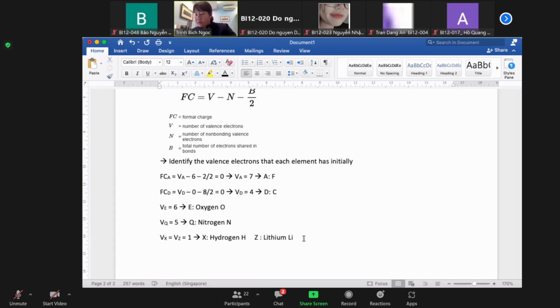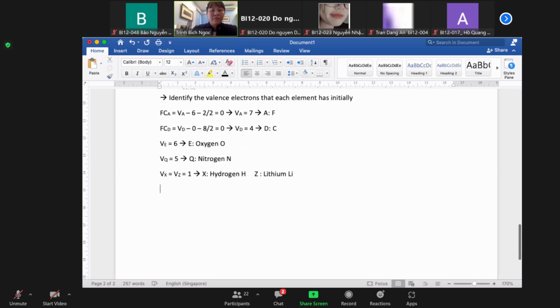We pass to questions 4 and 5. They give you the incomplete Lewis structure for HNO3, NO2, sorry, and the ion NO2 minus.